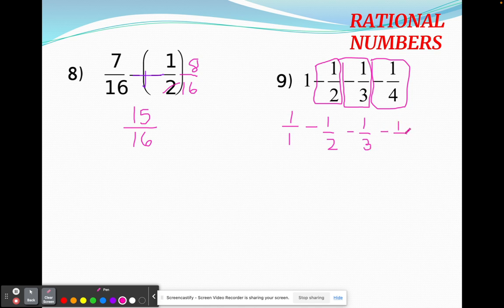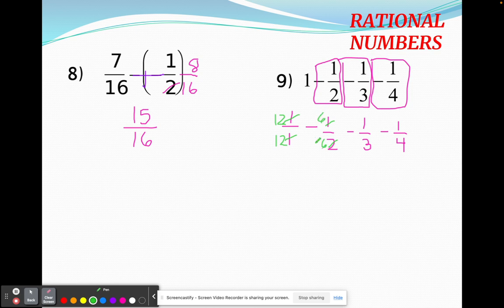So if I use 12 for my common denominator, I multiply 1 by 12, get 12. Multiply 1 by 12, get 12. See how 12 over 12 is the same as 1? If I make 2 into 12, I multiply by 6. So 1 times 6 is 6. Why did I write down 6?